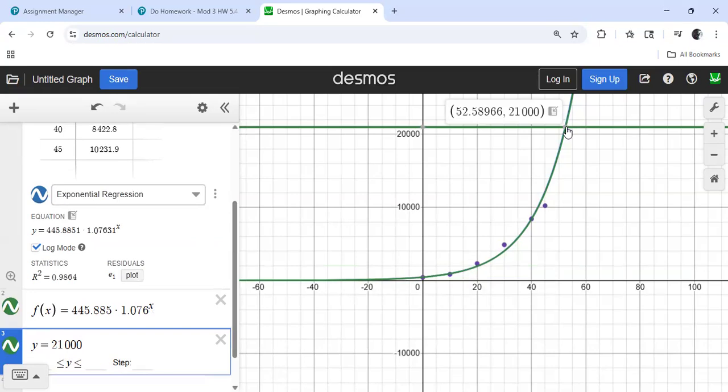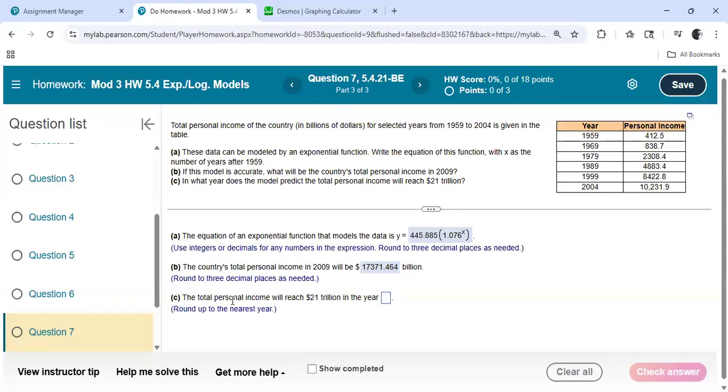Okay, so when it says during what year, that means we have finished the 52nd year and we are partway into the 53rd year. Okay, so it says round up to the nearest year. So remember 2009 was 50, so we need to round that 52 point whatever up to 53. So that'll be 3 years after this, so that'd be 2012.